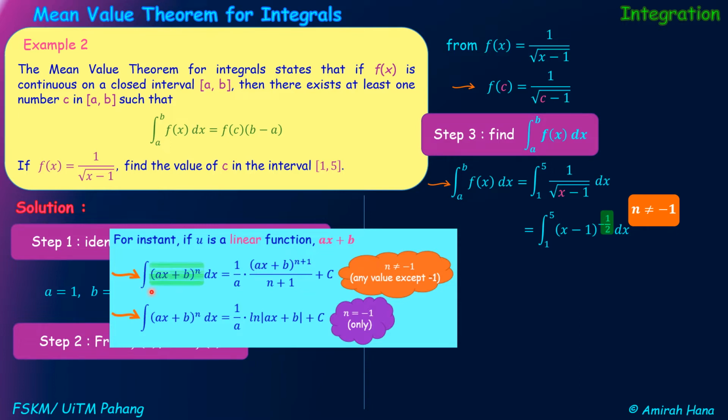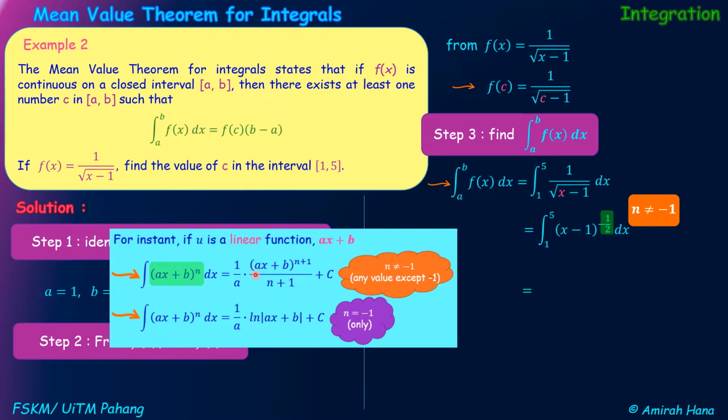From this formula, if we have the integral of a linear function to the power of n, where n does not equal negative 1, meaning any value except negative 1, we can use this formula: 1 over a times the linear function to the power of n plus 1, over n plus 1, plus c.